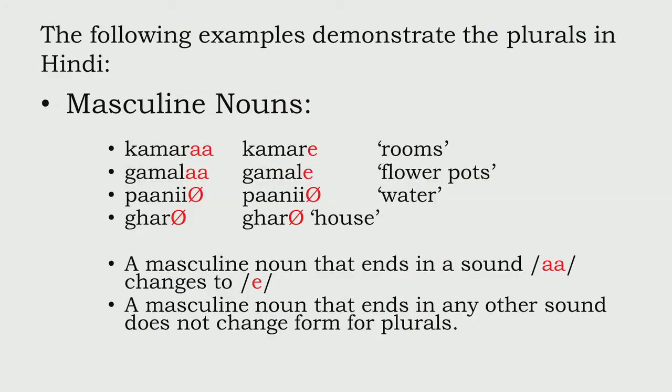There are some. I would want you to know upfront that there are words like raja, which means king. Raja, though it ends with a, does not have a plural counterpart like we have a plural counterpart of gamala as gamale. We have only raja.